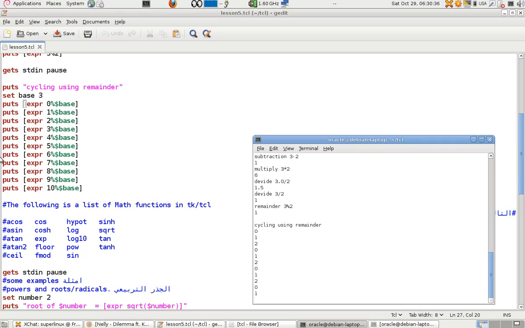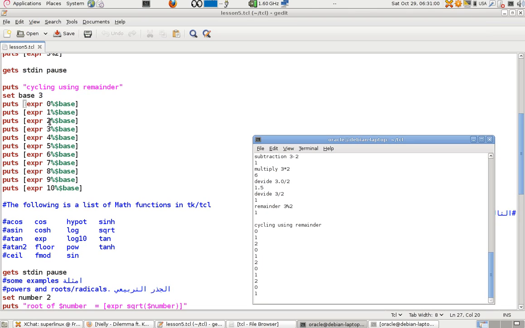So this way it will help you to cycle over things. Because if you say 0 over 3, it's 0. 1 over 3 gives a result of 0, and the remainder will always be 1.